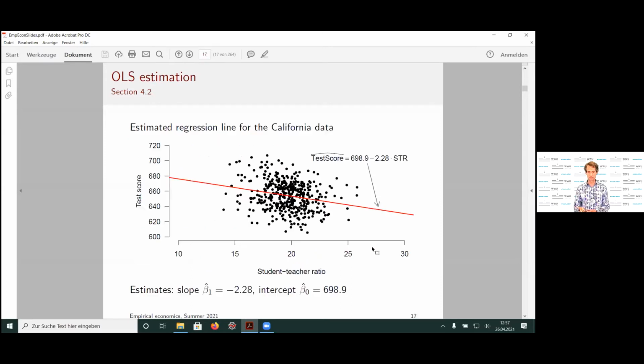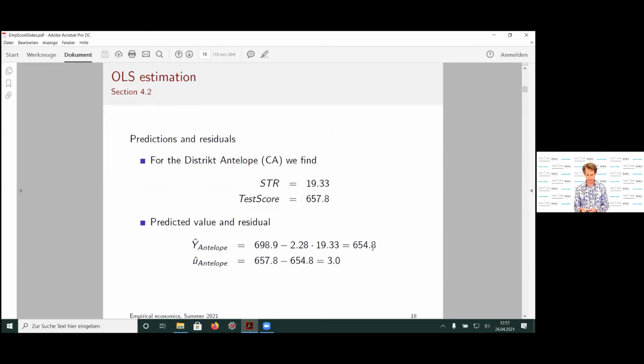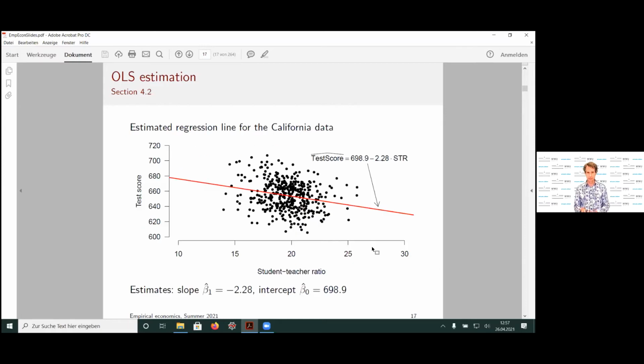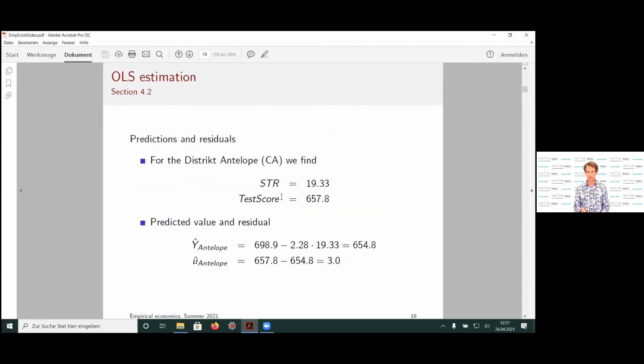Let's go back to the plot. What was the class size? 19.3. So for a class size of 19.3, roughly here, we would predict a value which is on the red line, roughly here, and that would be 654.8. This is the predicted value. Of course, the data in the school district deviate from this predicted value in general.